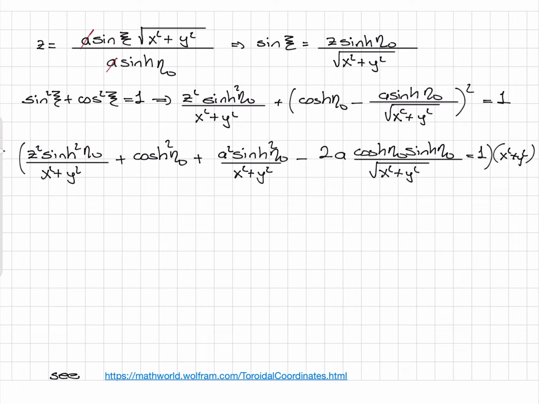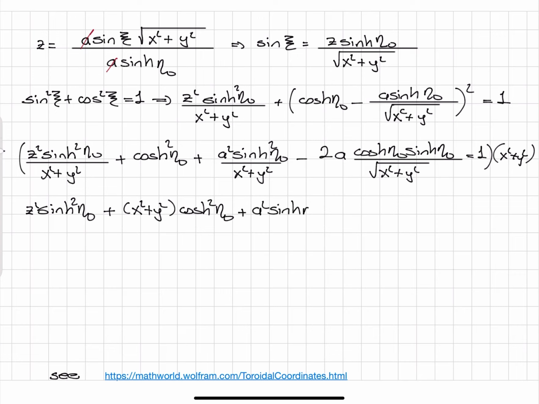So when I do that, the first term will be z squared sinh squared eta 0. The second term will be (x squared plus y squared) cosh squared eta 0. Then I have this term a squared sinh squared eta 0. Then I'm going to have minus 2a cosh eta 0 sinh eta 0 multiplied with square root of x squared plus y squared, because this is x squared plus y squared divided by square root of x squared plus y squared, and that's equal to x squared plus y squared.